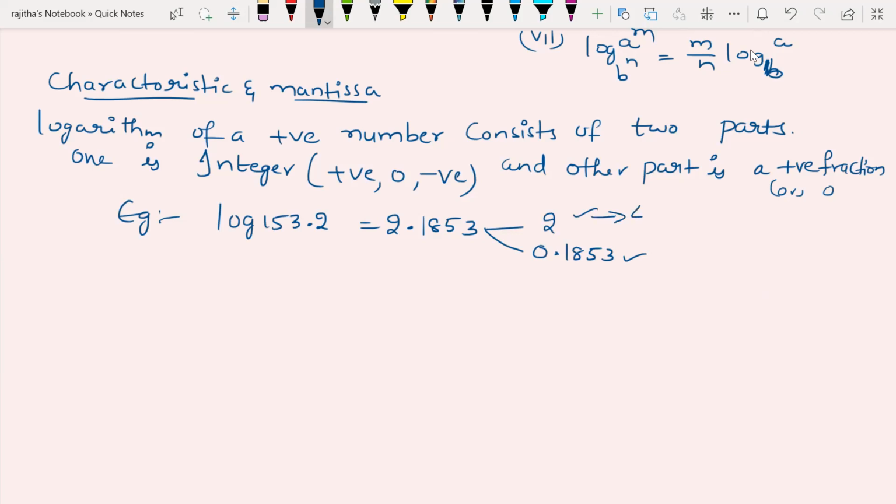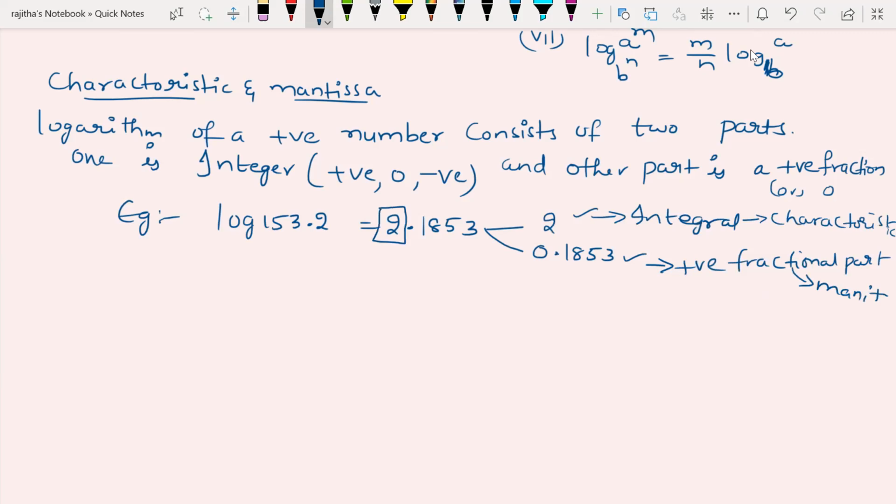Here is the integral part, here is the positive fractional part. In this, 2 is the integer part, and 0.1853 is the positive fractional part, that is the mantissa.